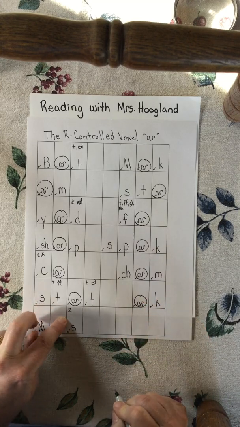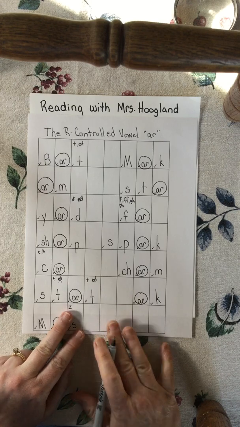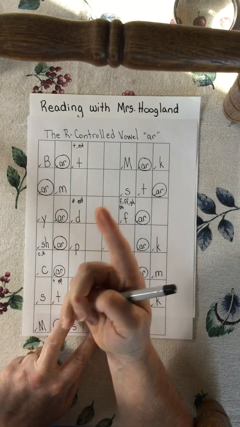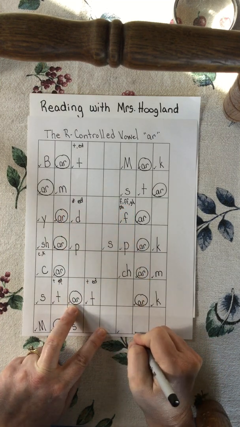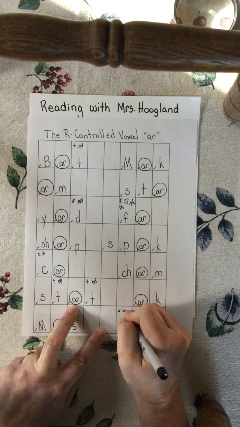I have one word on here that does not fit the pattern. It is an R-controlled vowel, but it's not an AR. The word is work. 3 sounds in work. W, which is W or WH.